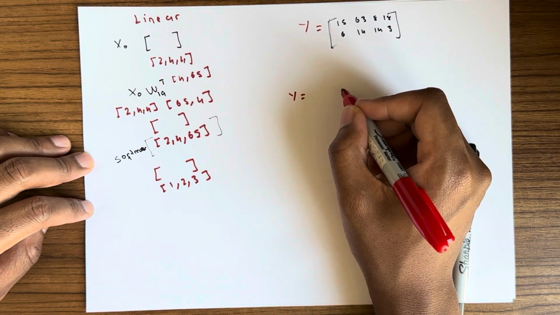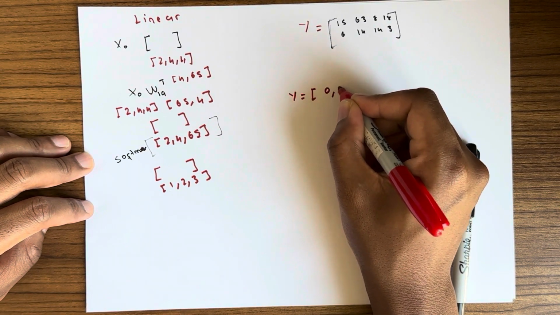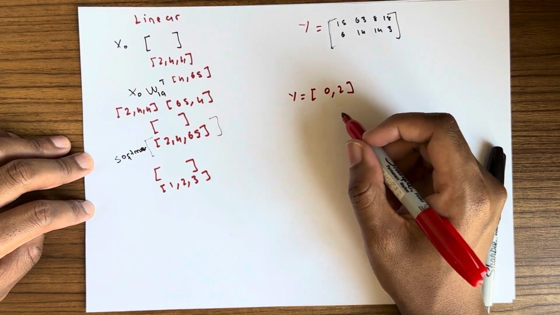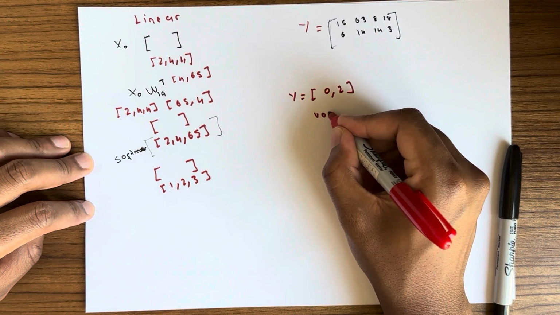Okay, and let's say Y is something like this: 0 and 2, which means I'm also going to scale down the vocabulary.